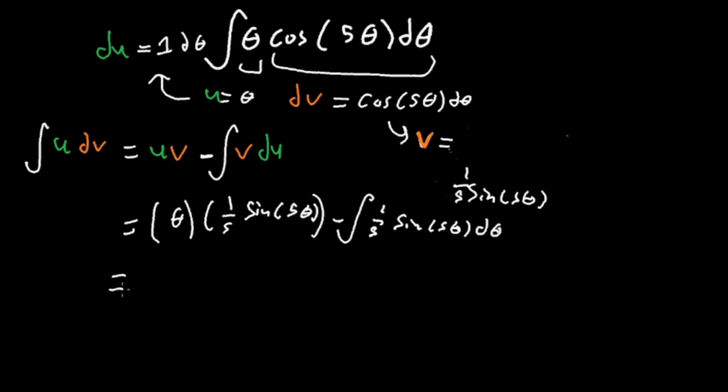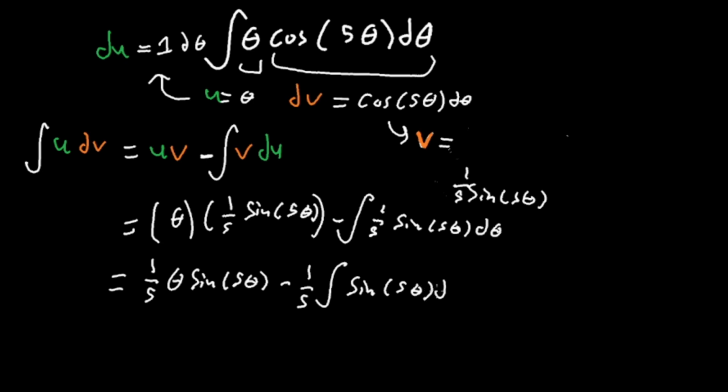So this becomes 1/5 theta sine of 5 theta minus 1/5 integral of sine of 5 theta d theta. So what is the integral of sine of 5 theta d theta? Well, we know the integral of sine is just minus cosine, because cosine differentiates to minus sine, so we do the opposite of that to differentiate to sine.